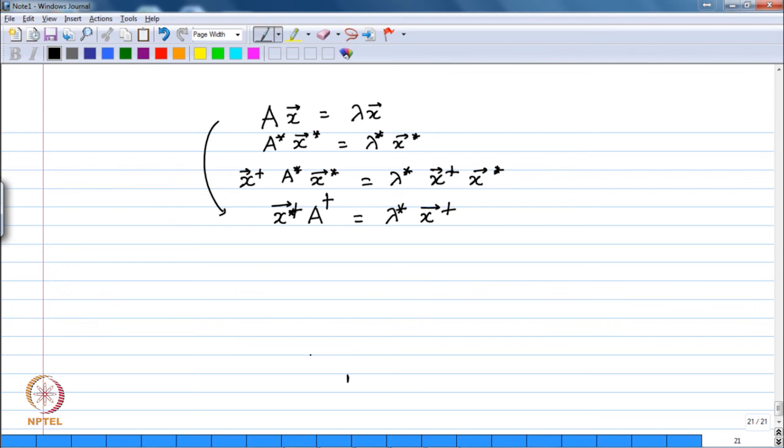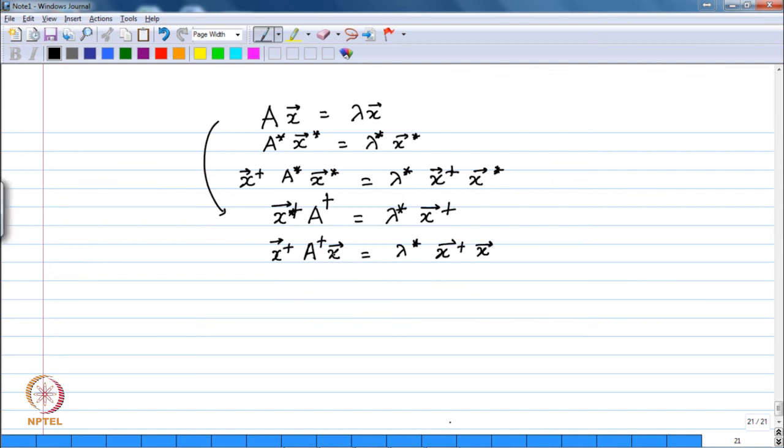Okay. So, now if I post multiply by x, what I will get is x dagger A dagger x is equal to lambda star x dagger x. Okay.